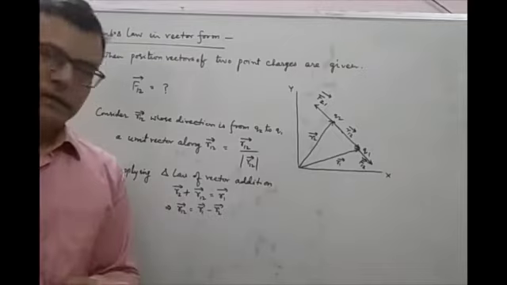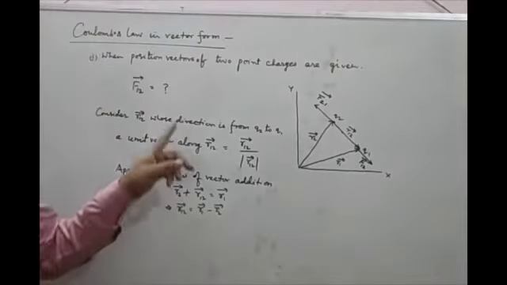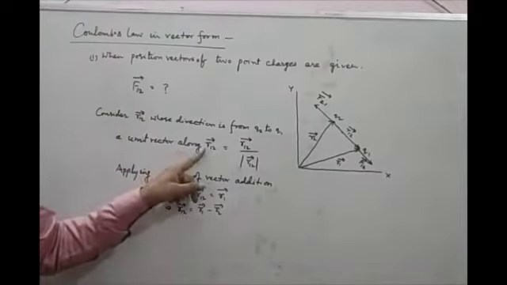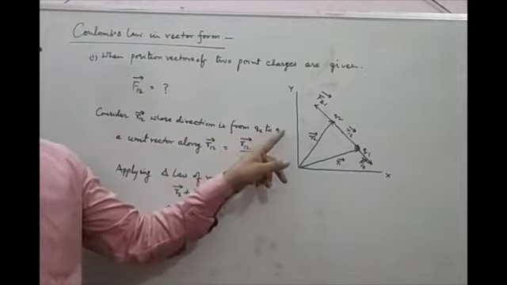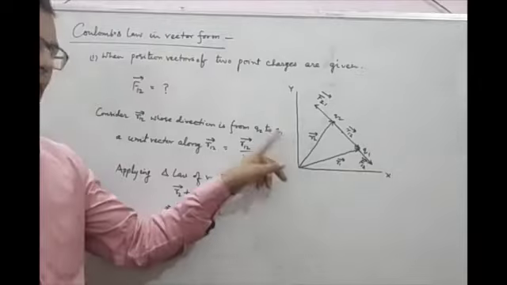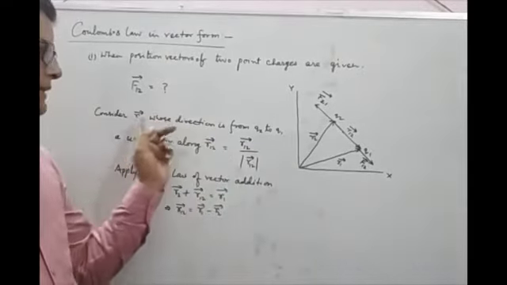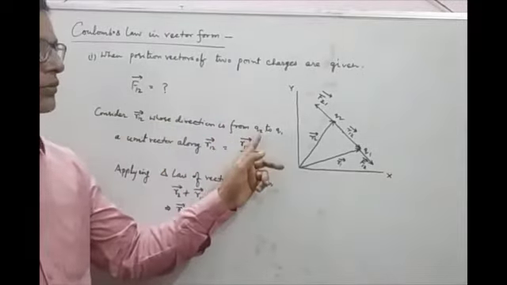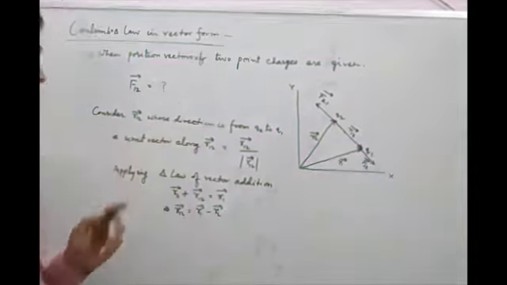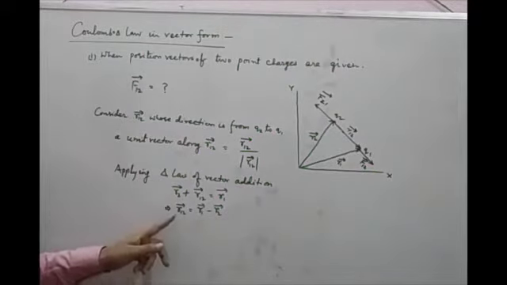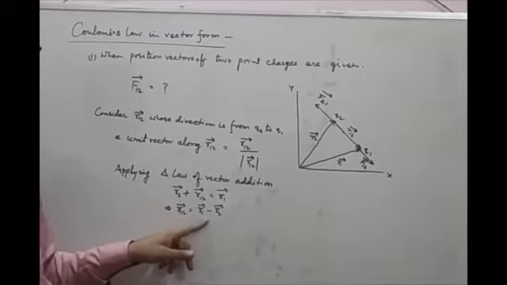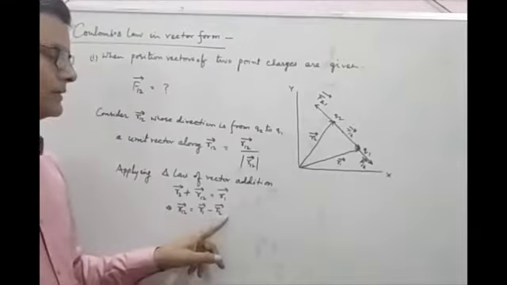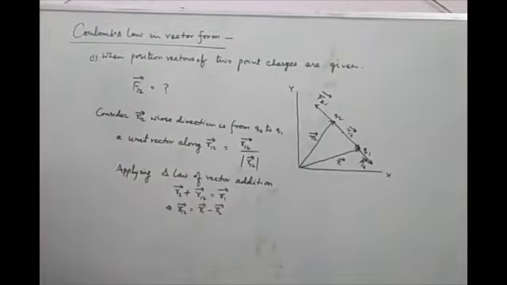Please note that in my notation, the direction of R12 vector is from Q2 to Q1 and its value is R1 vector minus R2 vector.